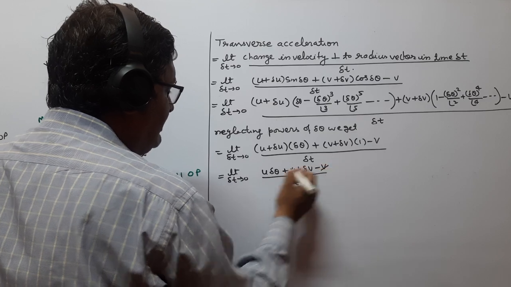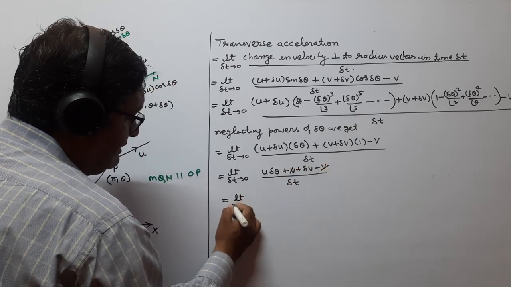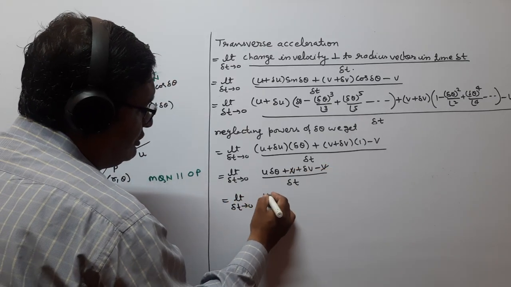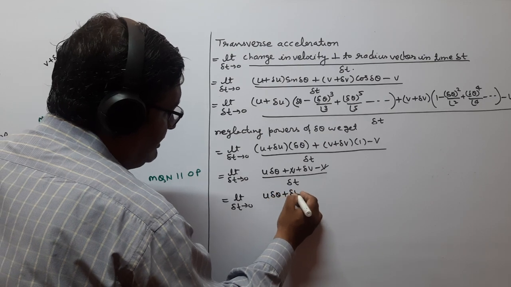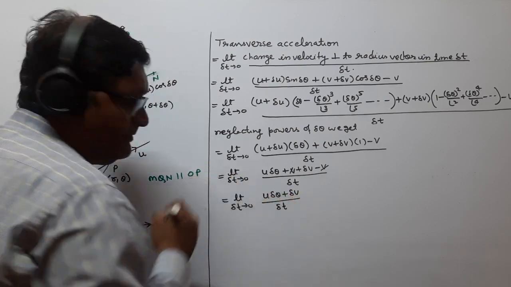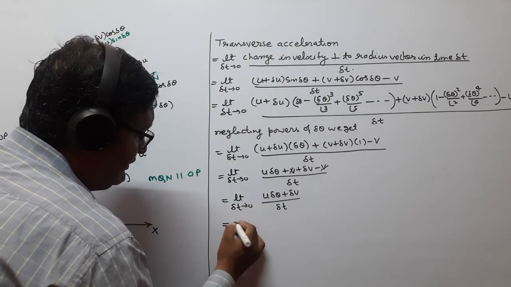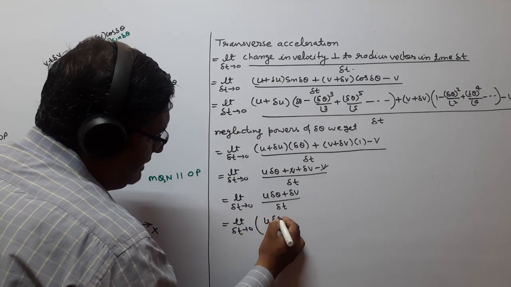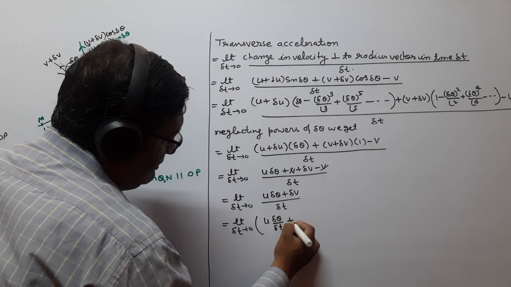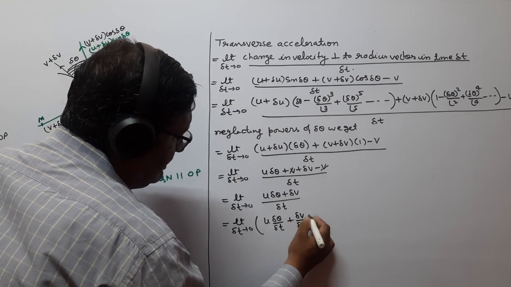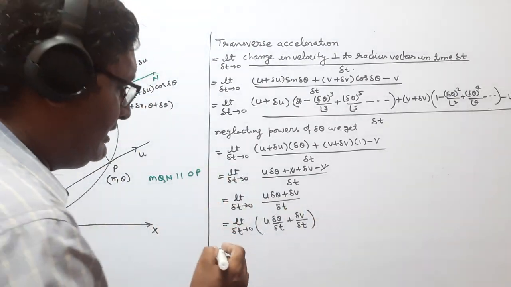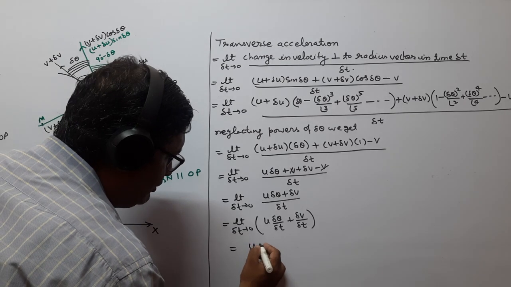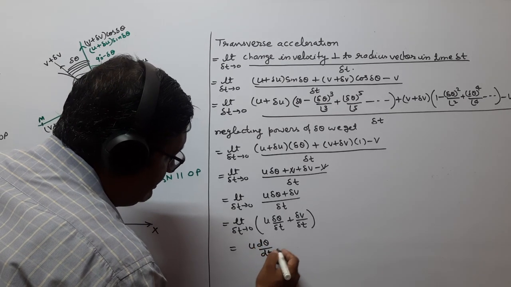We can see that the v's cancel out, so limit del t tends to 0, u del theta plus del v upon del t. Now we bifurcate this, so we write u del theta upon del t plus del v upon del t. Now taking the limit, we get here u d theta upon dt plus dv upon dt.